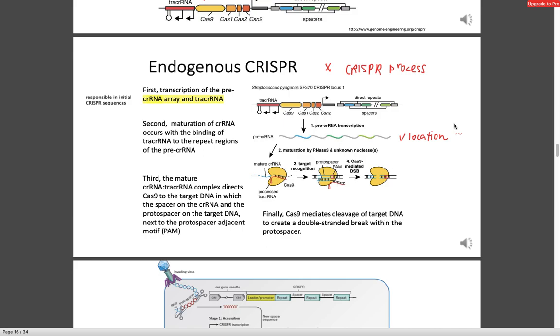Alright, so basically, when you have the Cas9 complex here, it will mature into pre-cRNA transcription. Once it has matured, that is the normal Cas9 that people use. So when they mature, you get this kind of complex where the Cas9 are inserted inside that. Alright, so in those Cas9, you have this one.